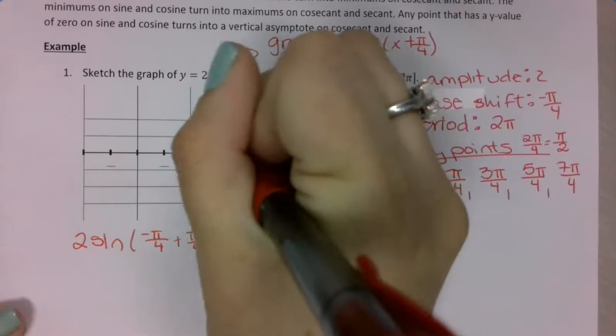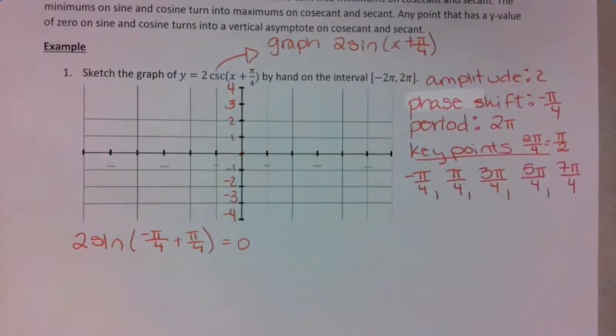Okay, 0. Oh, I forgot to label this. What do you want me to count by? On my x-axis. Okay, pi fourths.